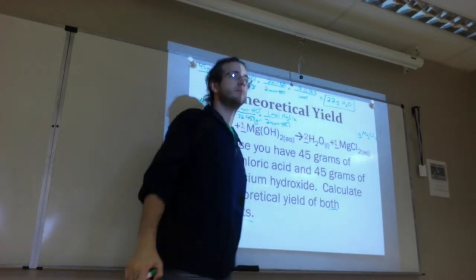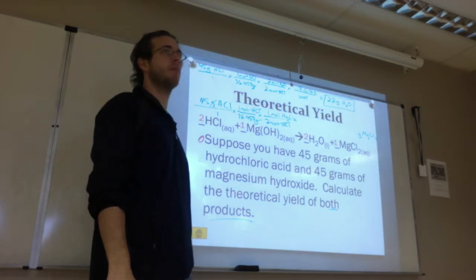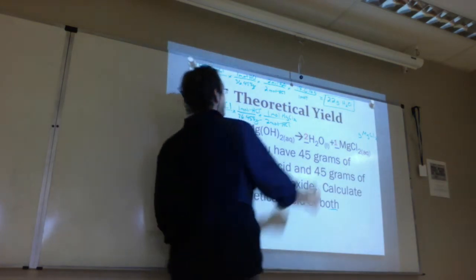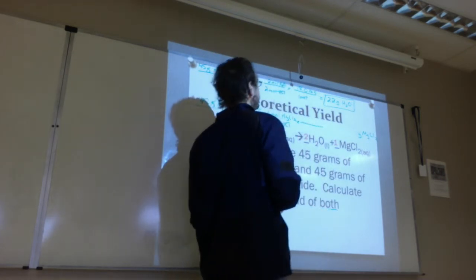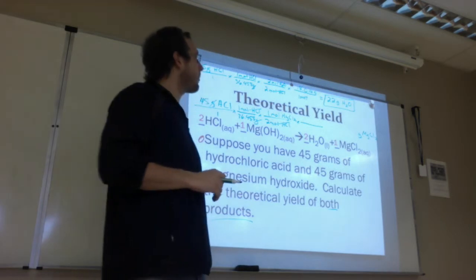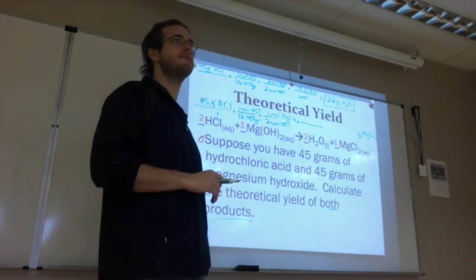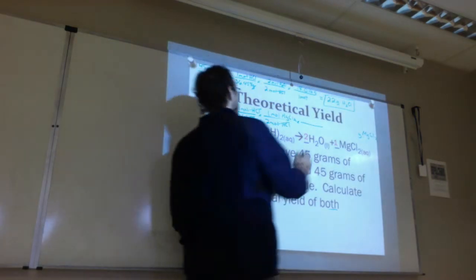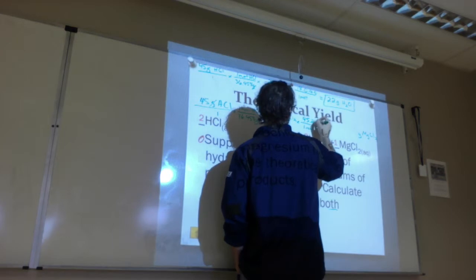What are we missing? Are we going back to grams? We do need to get back to grams, theoretical yield. These are grams. We got more mass for this guy? For every 1 mole of magnesium chloride, we got 95.21.